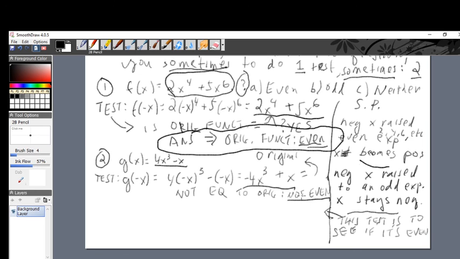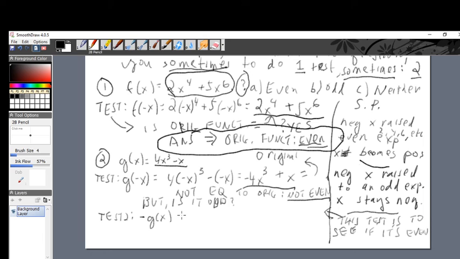But is it odd? So, test number 2. What we have to do for test number 2 is do negative g of x. Take g of x and put a negative in front of it.